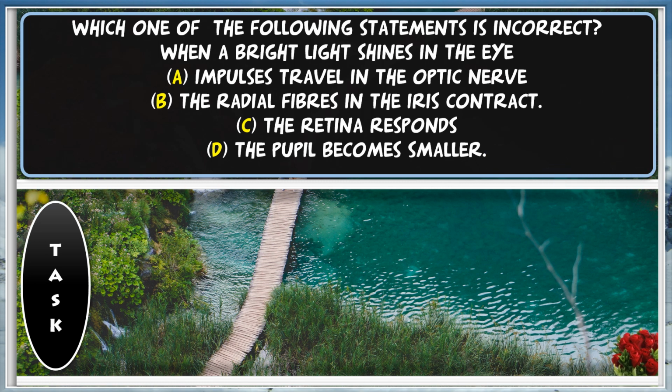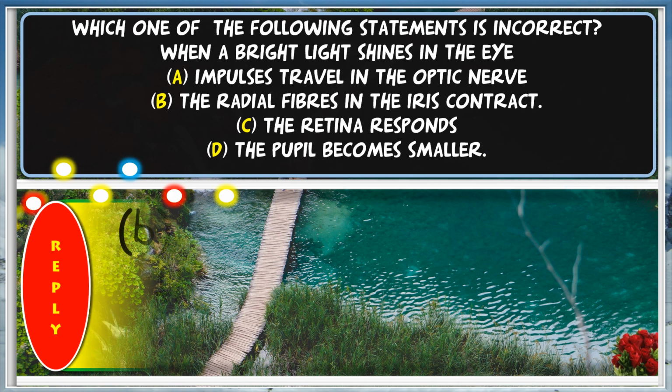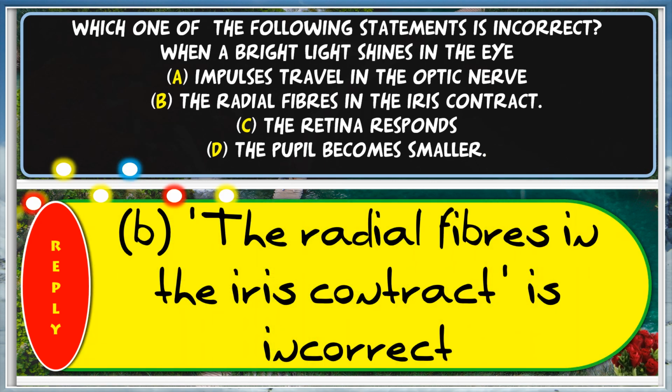C. The retina responds. D. The pupil becomes smaller. It's B. The radial fibers in the eyelash contract is incorrect.